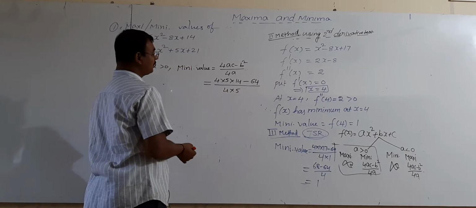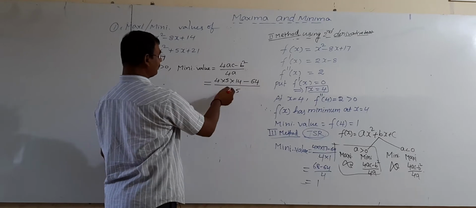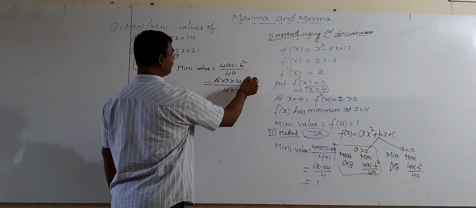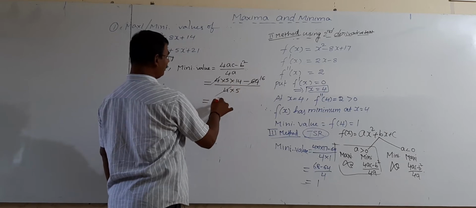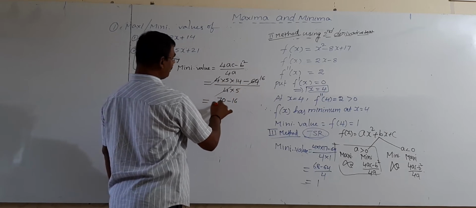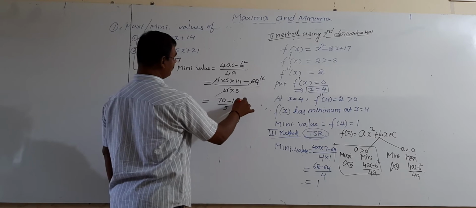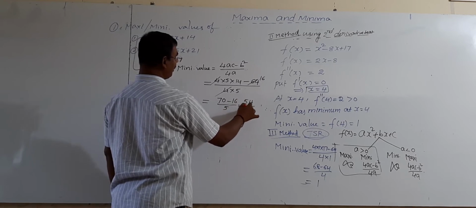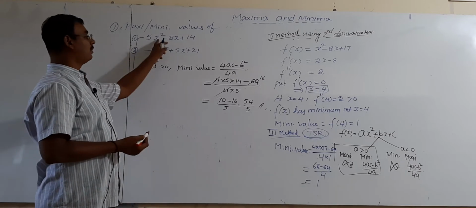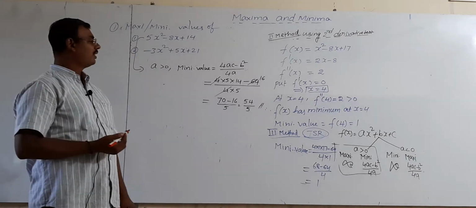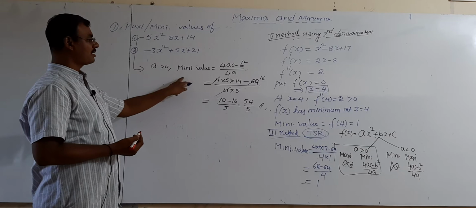In all the terms, we are observing 4 common. So 4 cancelled, 16. That is equal to 14 times 5 is 70, minus 16, upon 5. This is equal to 54 divided by 5, the minimum value of this problem. Very simple. Within 10 seconds we can solve the questions.